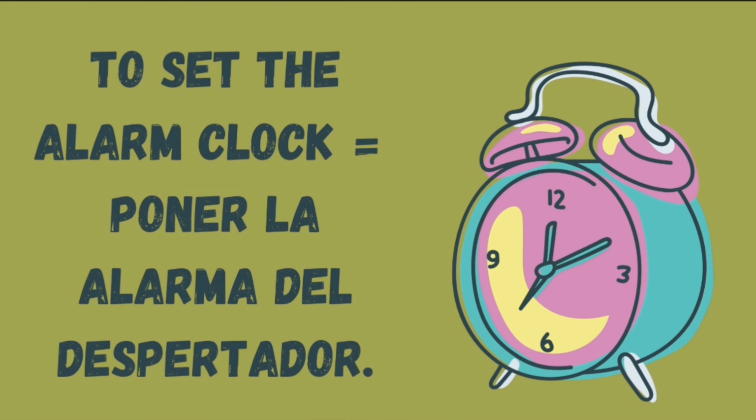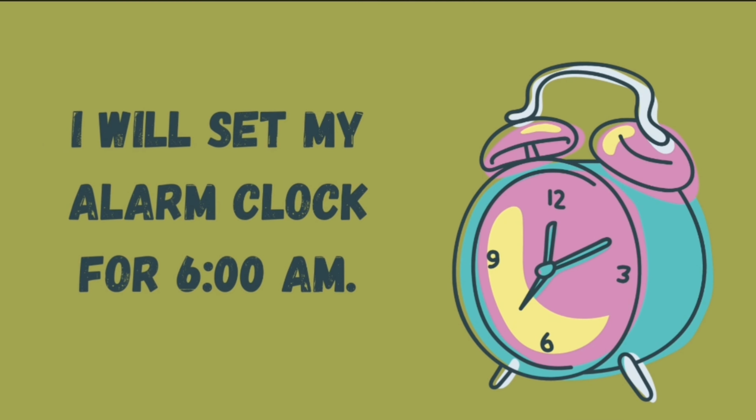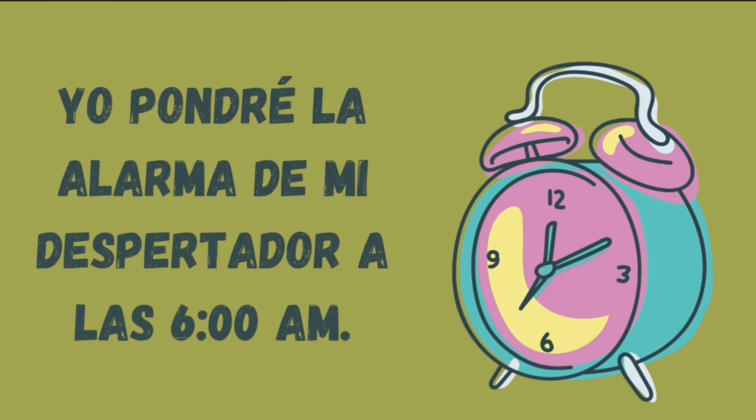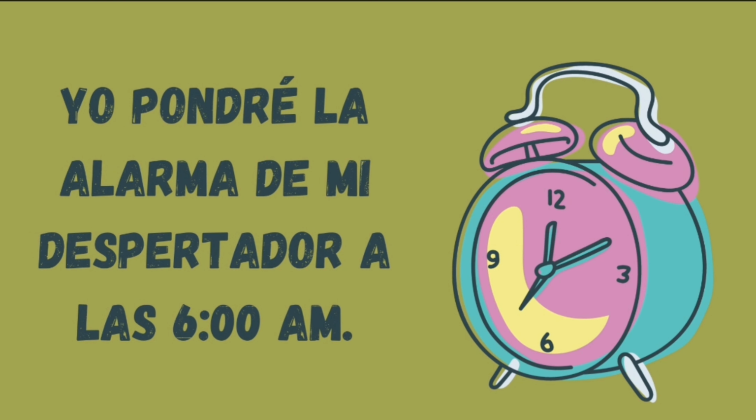And let's see an example. We can say, I will set my alarm clock for 6 a.m. In English. In Spanish, we're going to say this. Yo pondré la alarma de mi despertador a las 6 de la mañana.